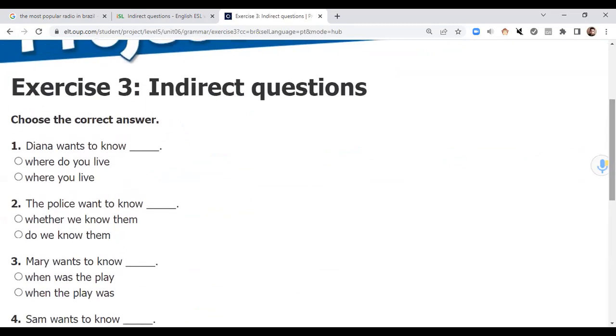What is the option number 1? What do you think is? Where do you live? No, where do you live? Number 2? Whether we know them.